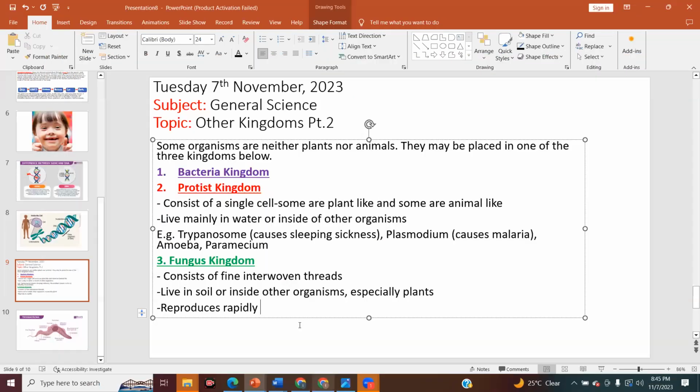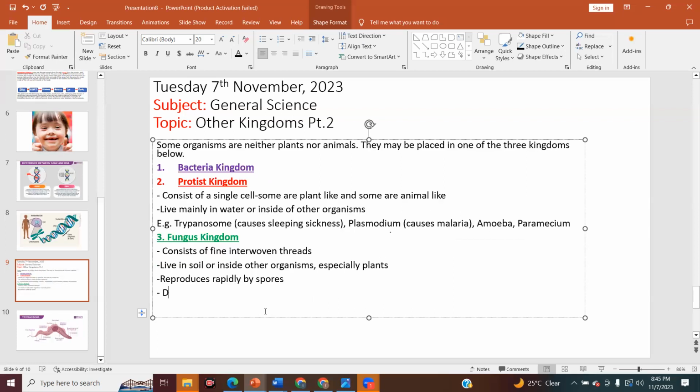So they reproduce by spores, and they decompose the bodies of plants and animals, which means that they cause decay.